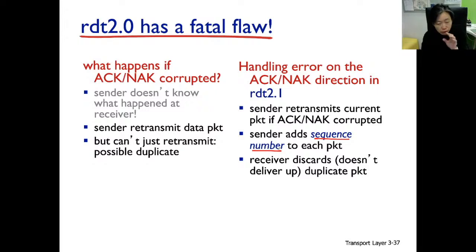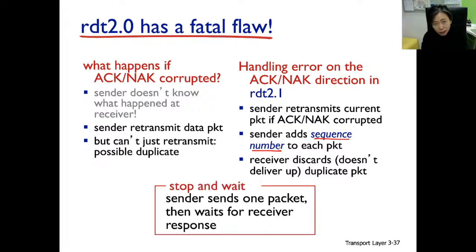Think a little bit more. RDT 2.0, RDT 2.1. The sender behaves this way. After sending one data packet, it's going to stop and wait for feedback until everything is cleared. Then it will go back to send data again.